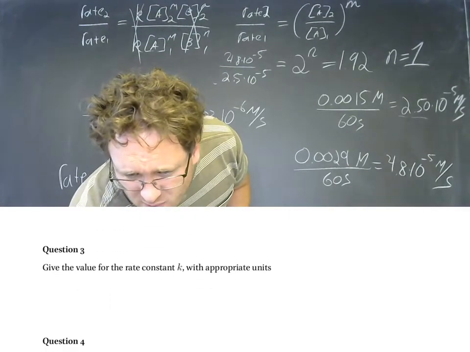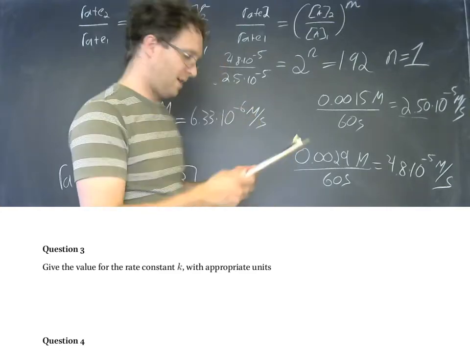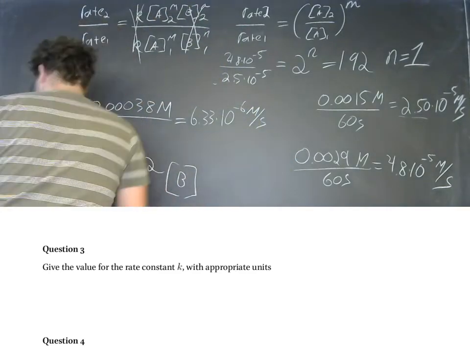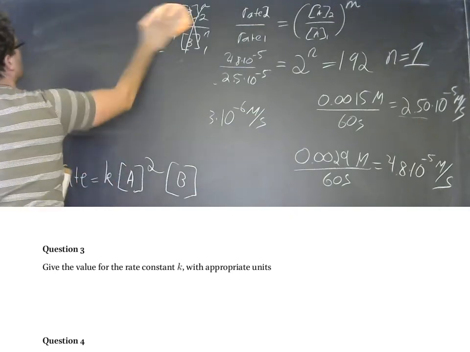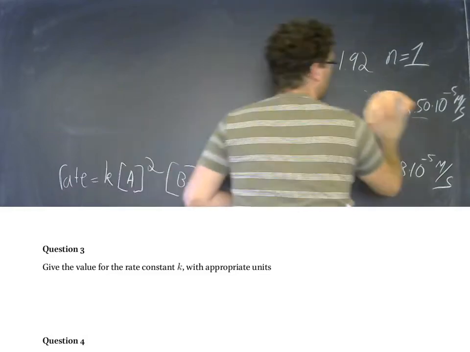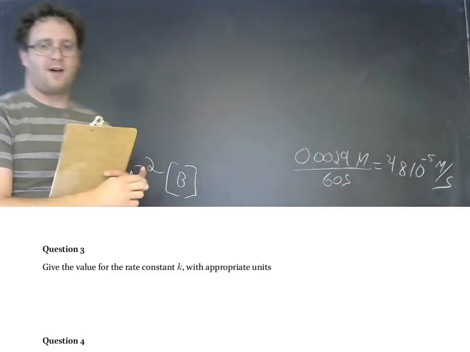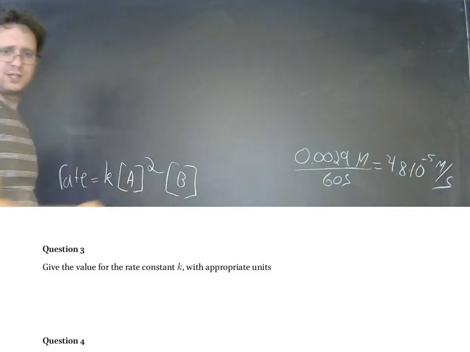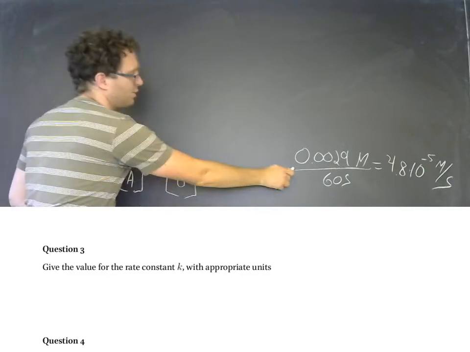Okay, so for question 3, we're going to give the value for the rate constant with appropriate units. So let's erase all of this. Now that we have a valid rate law, we just need to plug in values from one of our 3 trials. Let's just choose trial 3 here.